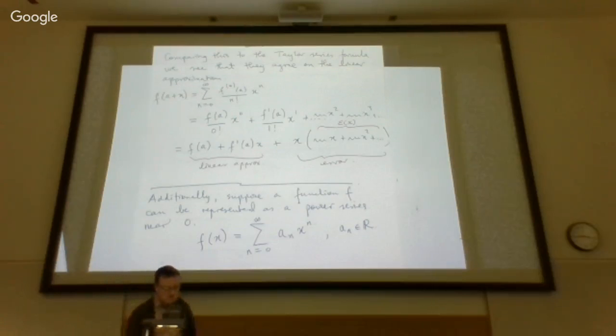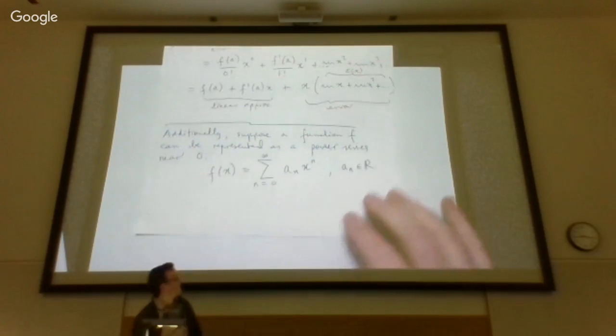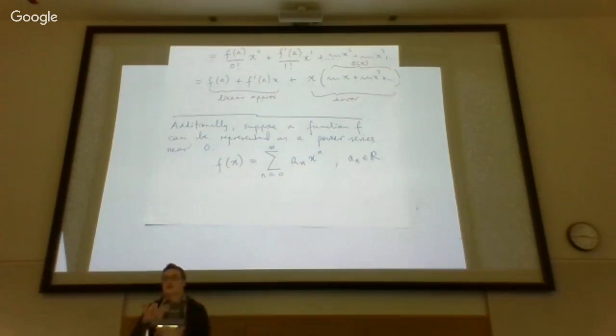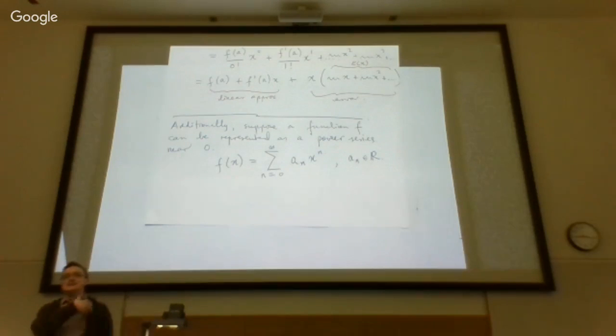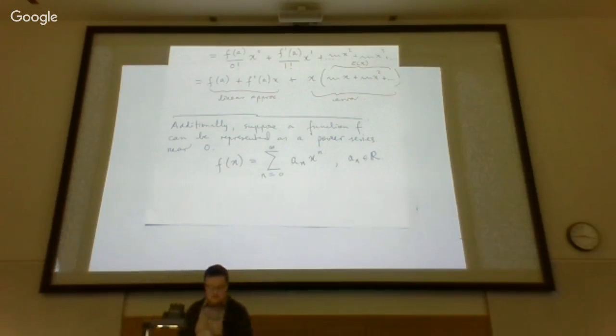Well, what we can do is show that if f can be represented like this, then the representation has to be exactly the Taylor series. So the Maclaurin series is really the only power series for representing functions. Okay?